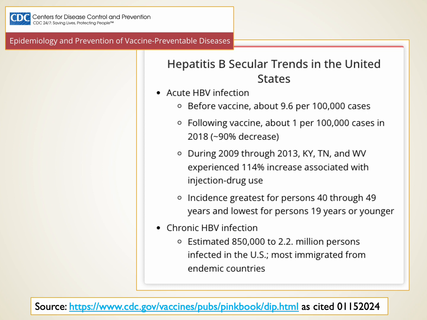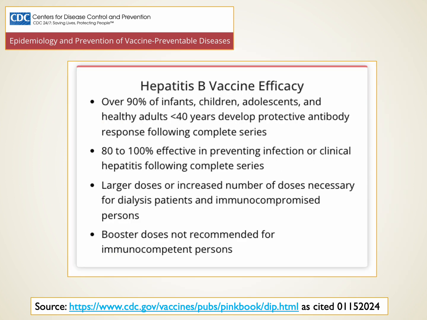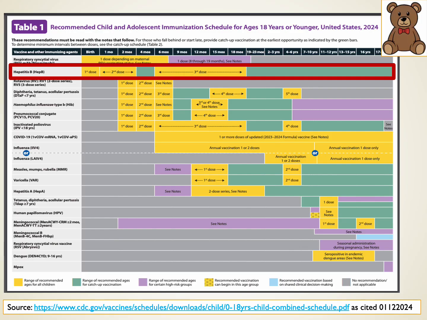Healthcare workers are also very strict about getting up to speed on vaccines, and one of them is Hep B. The vaccine is pretty effective, not 100% effective in absolutely everybody, but pretty effective, with good titers for most people. In newborns, again, it's the first vaccine out of the chute.